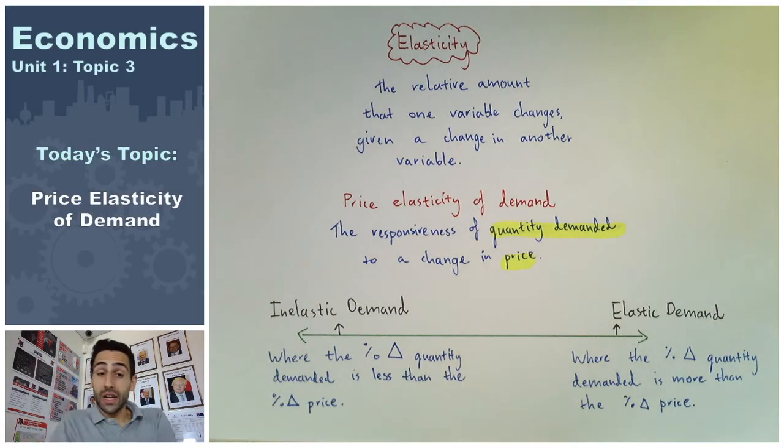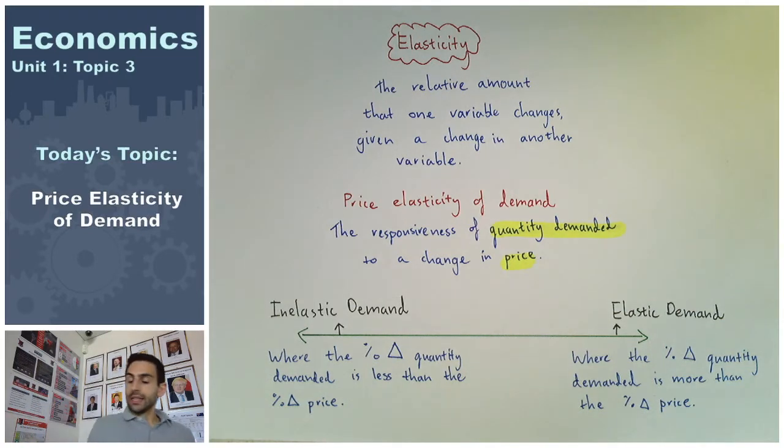So for elastic demand, we have a situation where the price goes up by 5%, but quantity demanded drops by 20%. Okay, so the percentage change in quantity demanded is more than the percentage change in price.